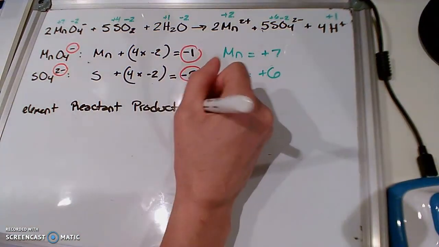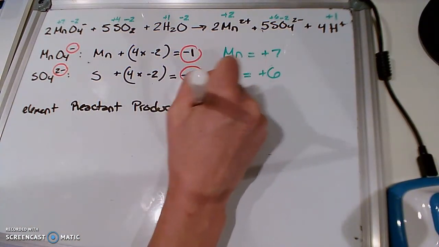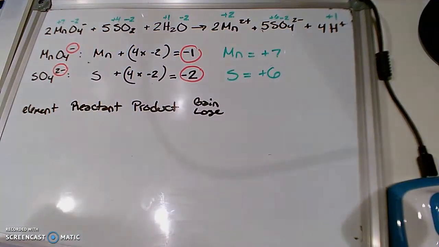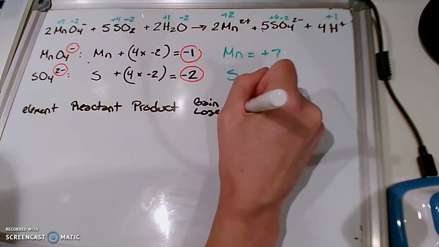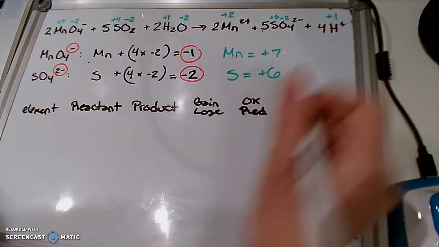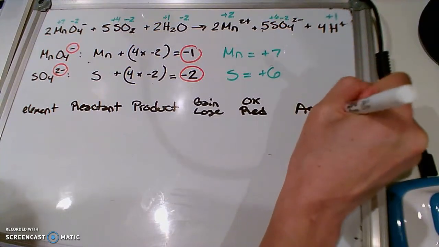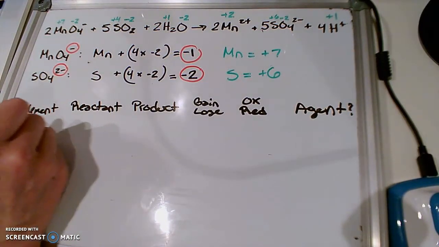Then we will look at whether it gained or lost electrons, decide if it was oxidized or reduced, and then determine if it's an oxidizing or reducing agent. That was the original question in this problem.